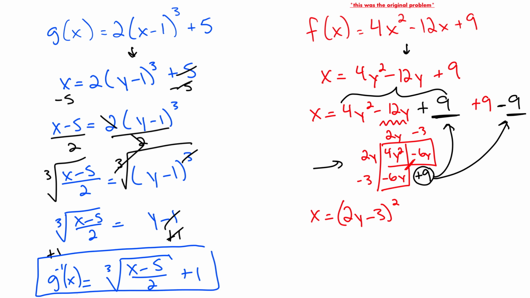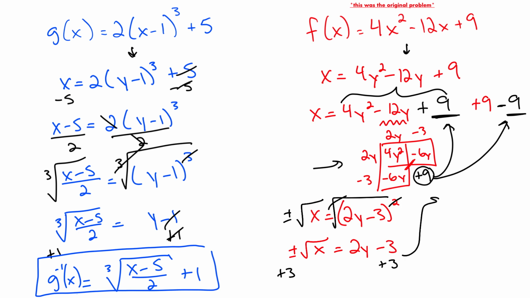The rest of this process is now solving for y, because now I have a single y value I can solve for y. So I'm going to square root both sides. Don't forget your plus or minus. That means plus or minus the square root of x is equal to 2y minus 3. I'm going to add 3 to both sides. I'm going to put my next step up here.